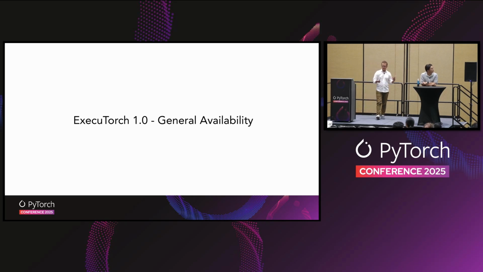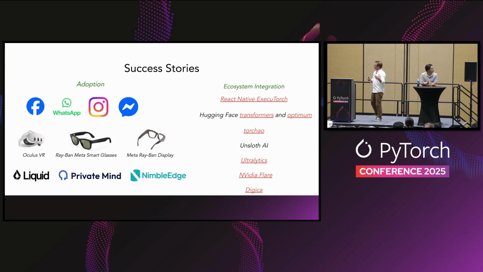I'll start with some of the internal adoption. ExecuTorch is integrated into all of Meta's apps. It is integrated into Facebook, WhatsApp, Instagram, and Messenger. It is powering multiple different use cases, serving billions of inferences for billions of users.